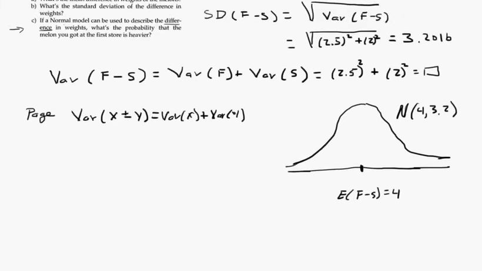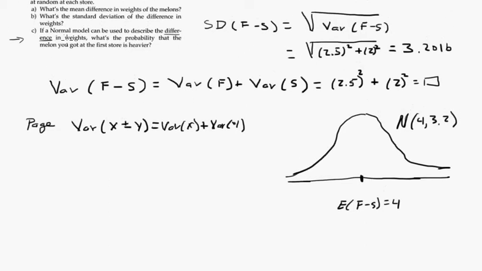Okay, now they're saying that if it follows a normal model, what's the probability that the first is greater than the second? Okay, so that's one way you might be able to think of it, is that's what they're asking us to find. Okay, the probability of this.